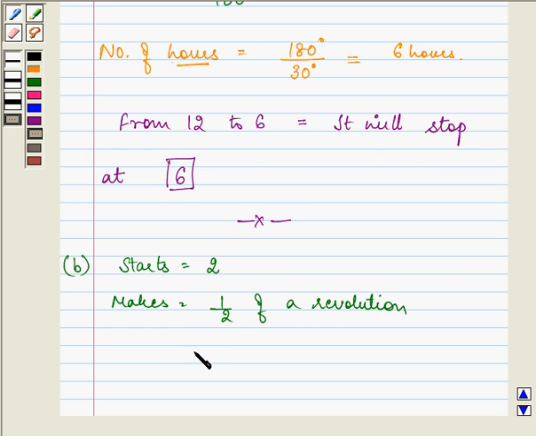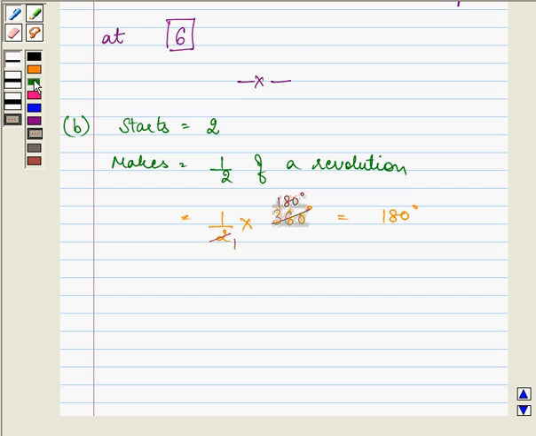That means half into 360 degrees, which again comes out to be 180 degrees after simplification. The number of hours will be 180 degrees divided by what? Exactly 30 degrees. It will be 6 hours again.